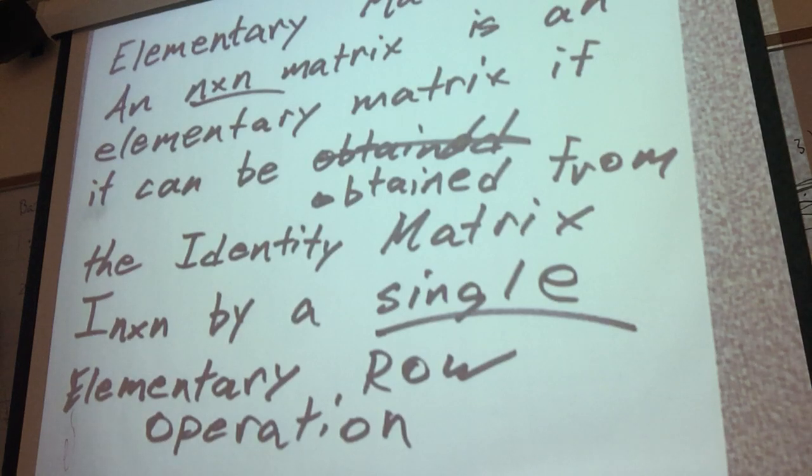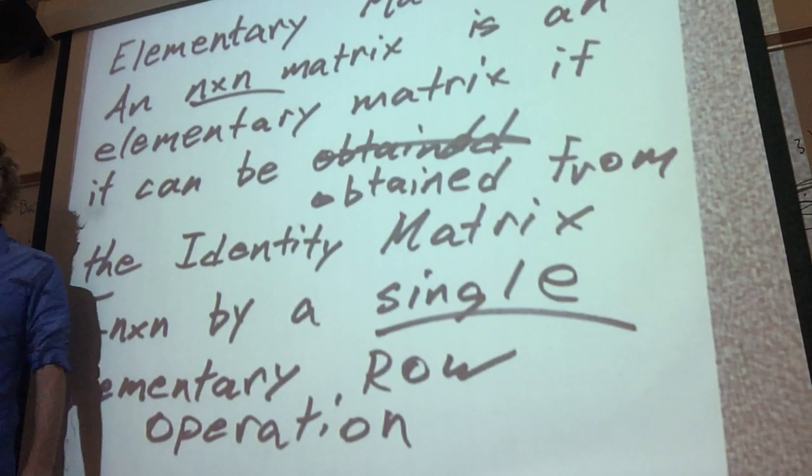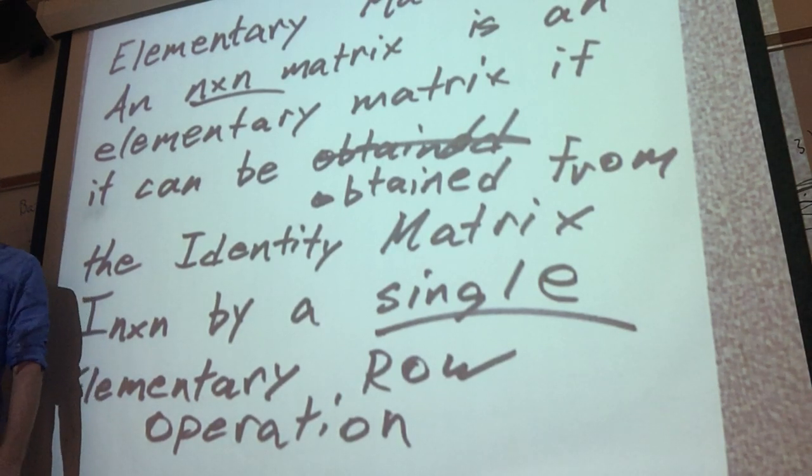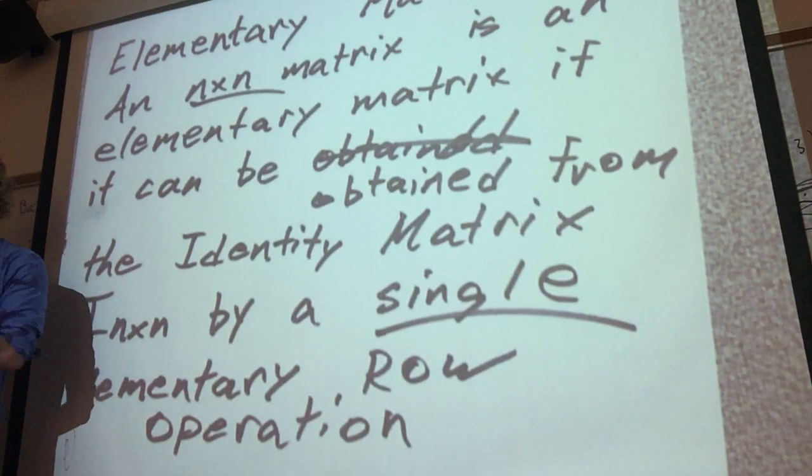So, if you take an identity matrix, which is n by n, we're going to work mostly with 3 by 3. And if you can do a single elementary row operation on it, that gives you an elementary matrix. And so, we've actually already seen elementary matrices before, okay?